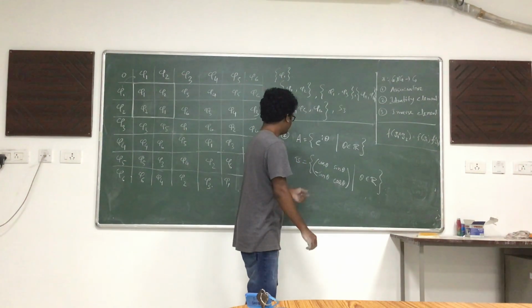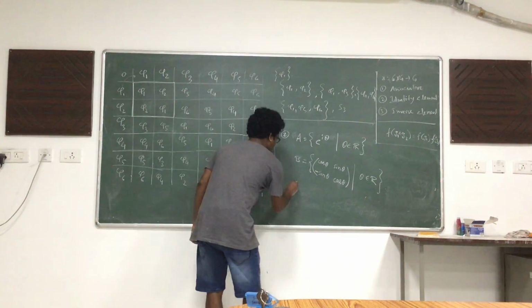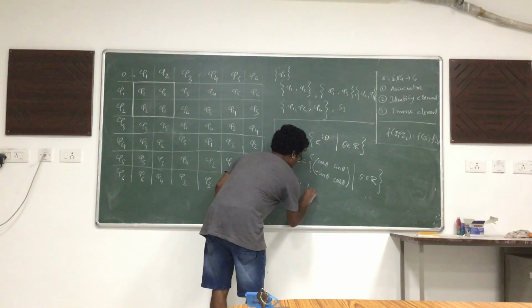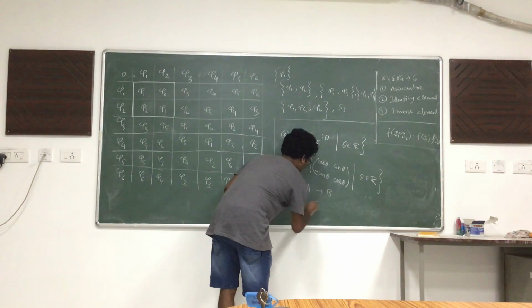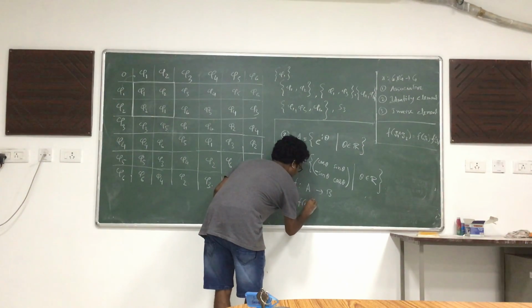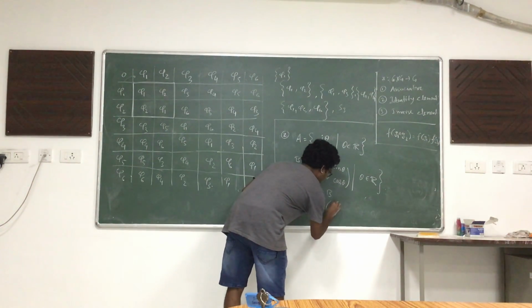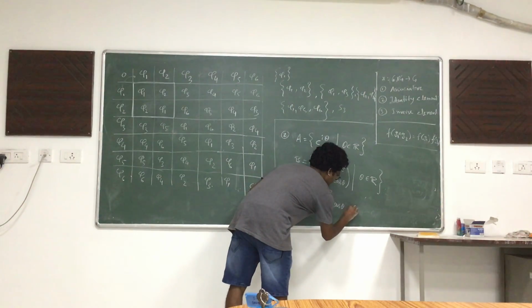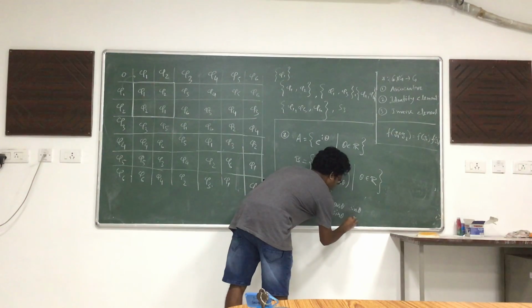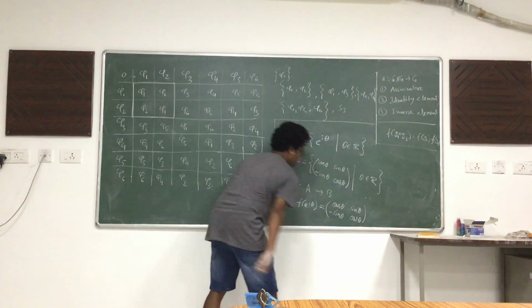Now let us give a rule f from A to B such that f of e to the power i theta is sent to cos theta, sin theta, minus sin theta, cos theta.